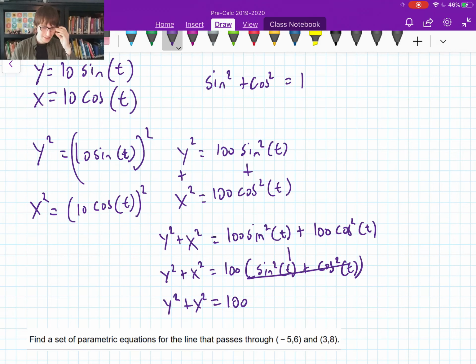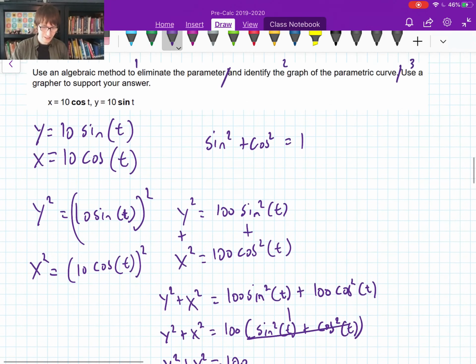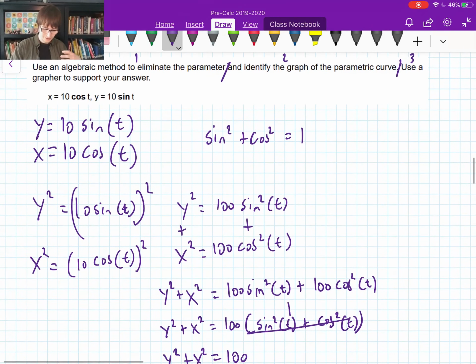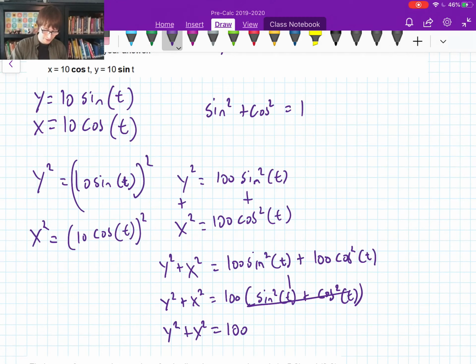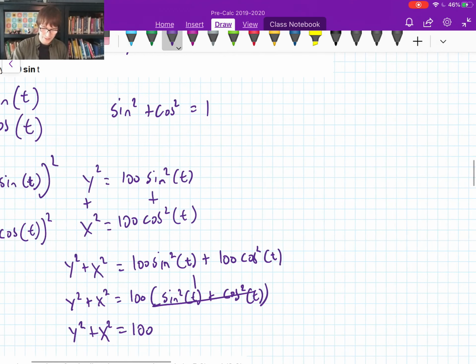And although it doesn't look like a function, it doesn't look very pretty at first, this is the elimination of the parameter. Now we no longer have t. We're using just y and x. If you wanted to go even further, you could say y squared equals 100 minus x squared, and y equals plus or minus the square root of 100 minus x squared.